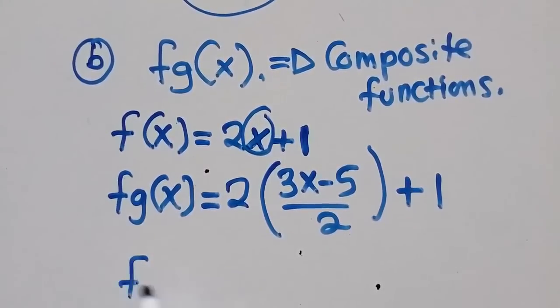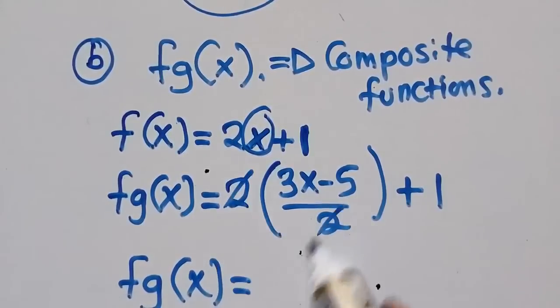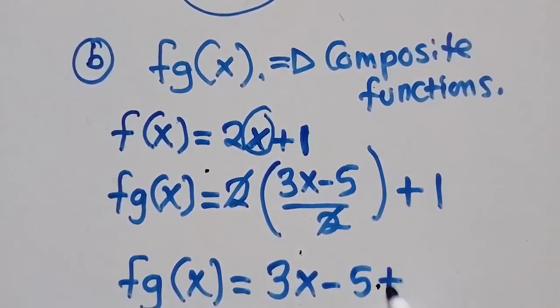Then I say fg of x is now equal to, these two are going to be cancelled. I'm going to remain with 3x minus 5 plus 1.